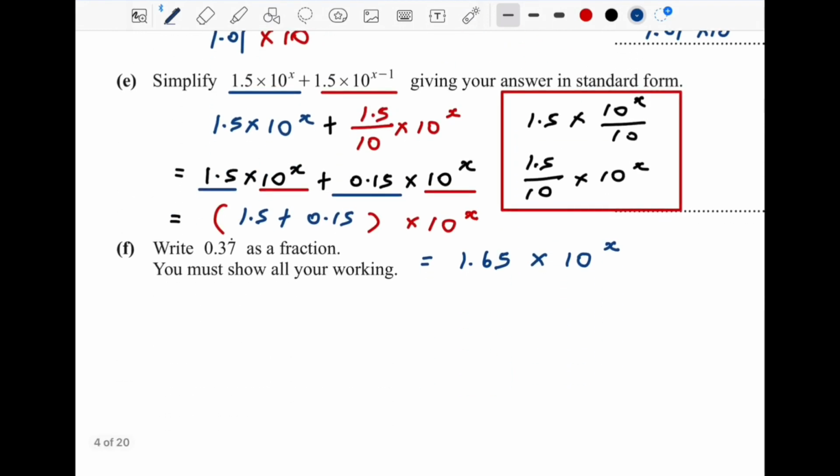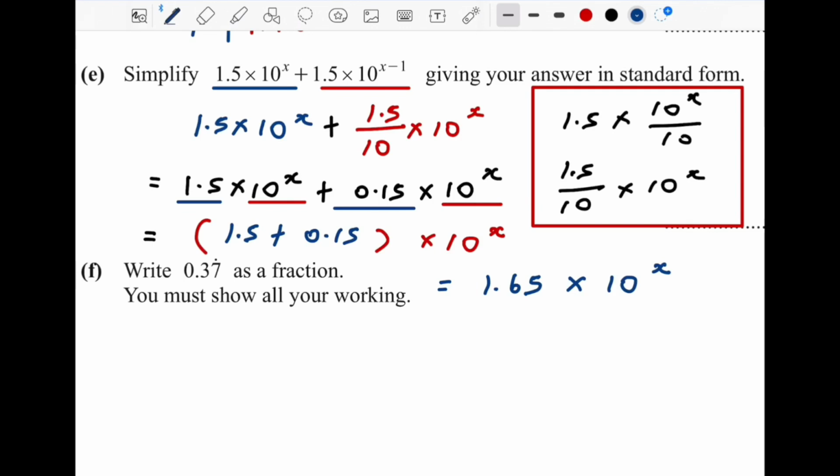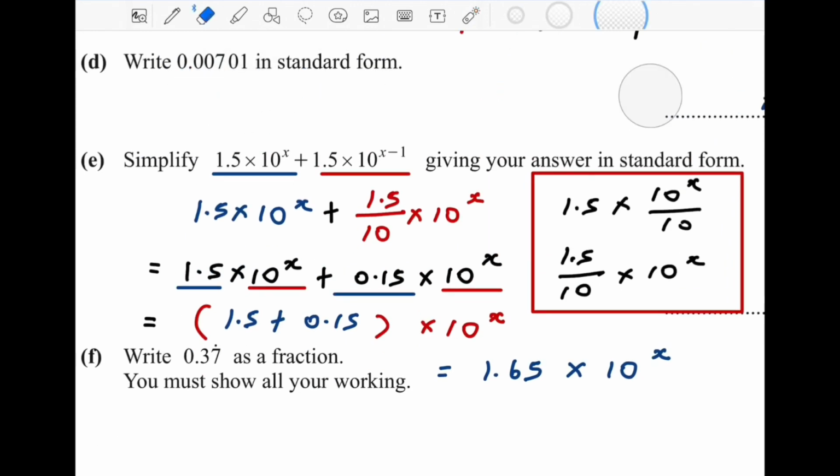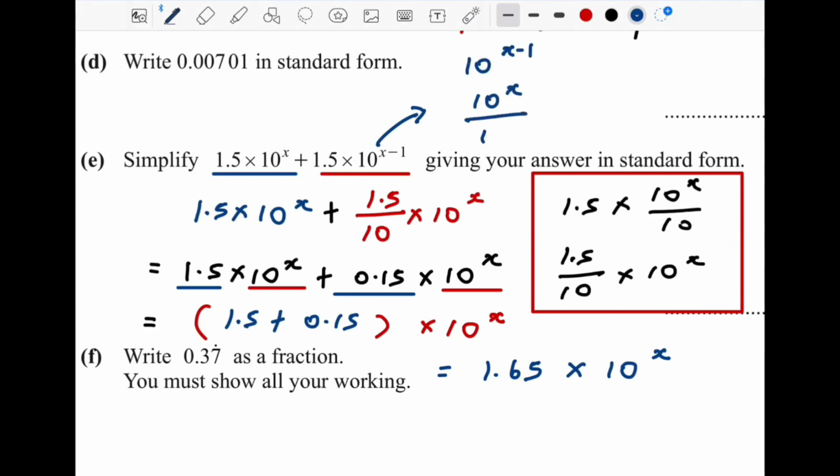Okay, this one. Simplify and give your answer in standard form. You see, basically you can't do this on a calculator because of the unknown for the power. So the method here is I'm trying to change this into this first. 10 to the power of x minus 1 is the same as 10 to the power of x divided by 10.